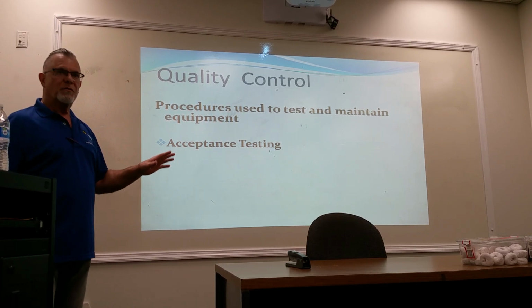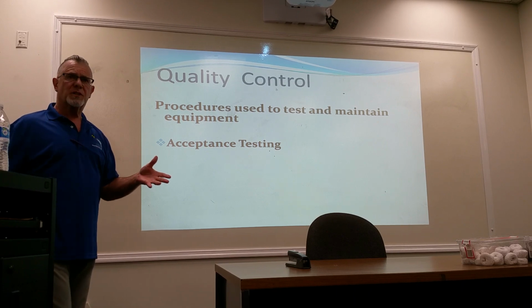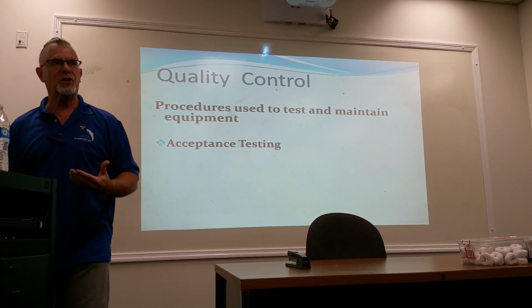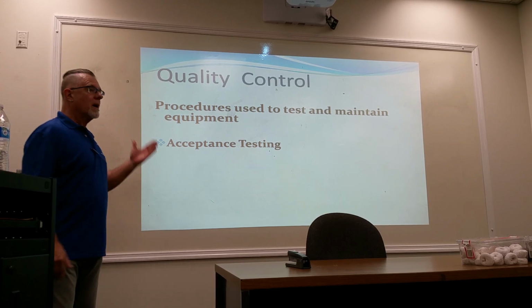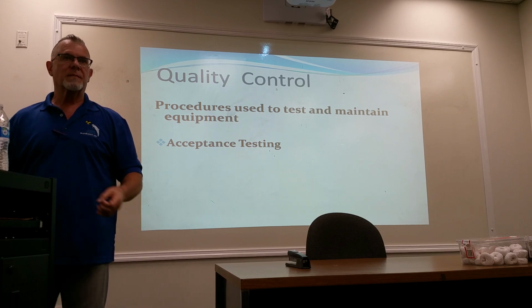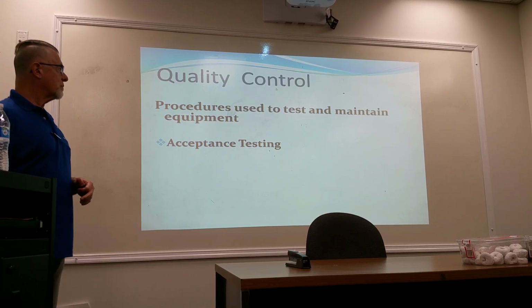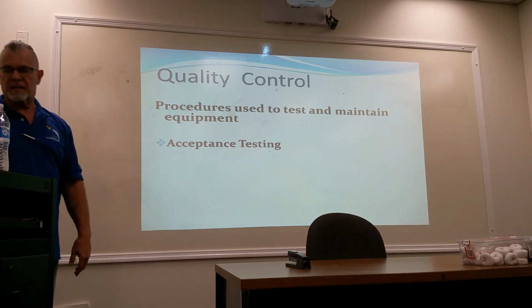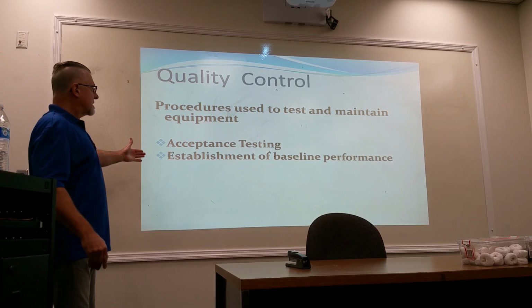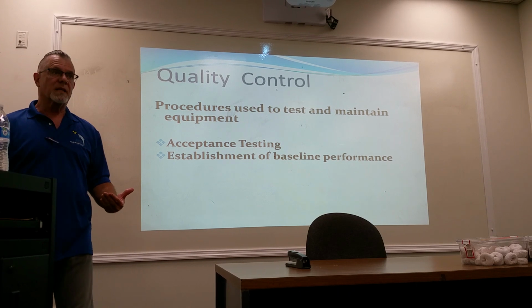If you didn't pass the equipment, the vendor didn't get paid. So that usually meant for a special procedures room, you'd be in there for 7 to 10 days with a manufacturer engineer going through physical performance, processing performance, regulatory performance, and that's acceptance testing. That also allows you to establish a baseline of performance.